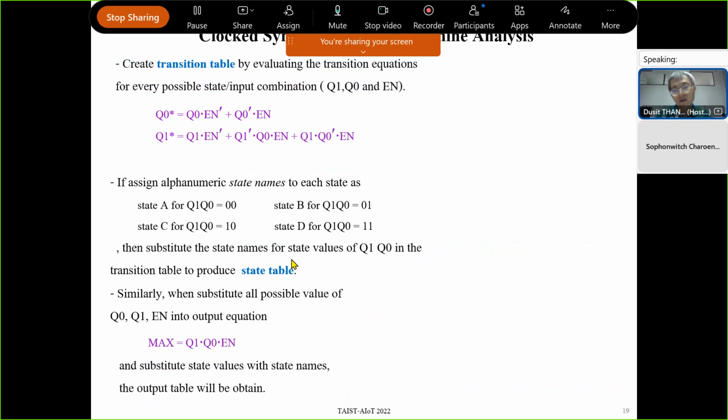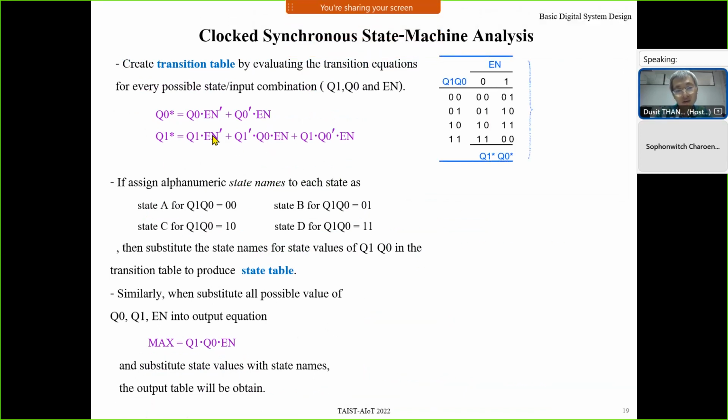So from the state equation, you can summarize it in a table. For example, I write the state variables in this column and the input value in this header, and the values of Q1 star, Q0 star I will fill in this table.